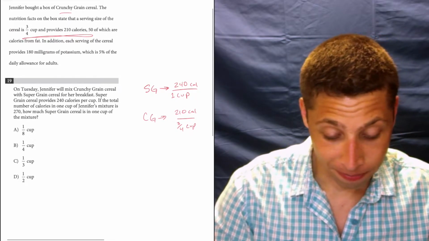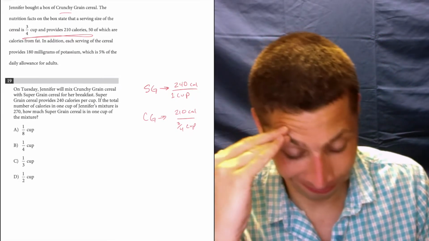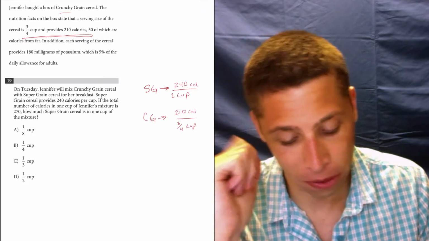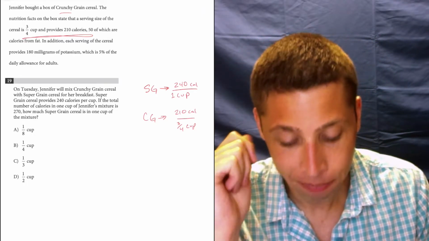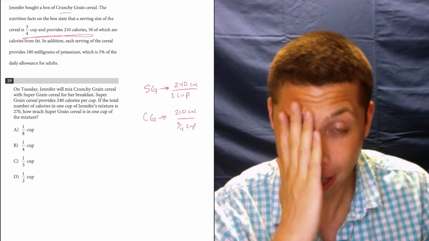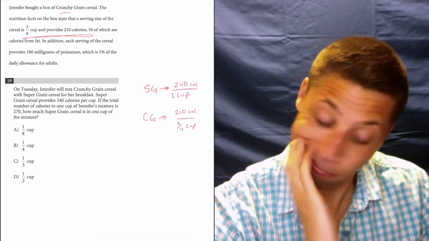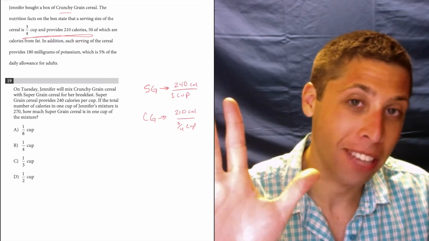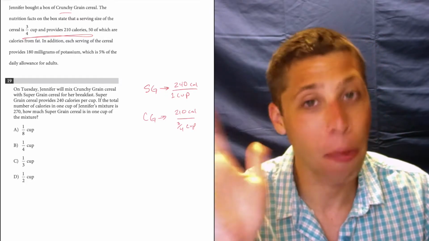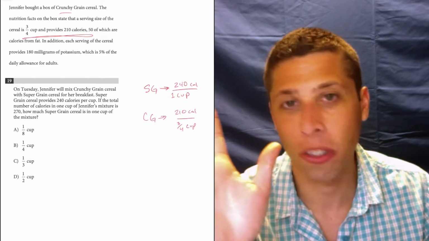Now what? If the total number of calories in 1 cup of Jennifer's mixture is 270, how much super grain cereal is in 1 cup of the mixture? Here's a case where I would guess and check. I could build an equation, but I'm already lost. The things are too similar.